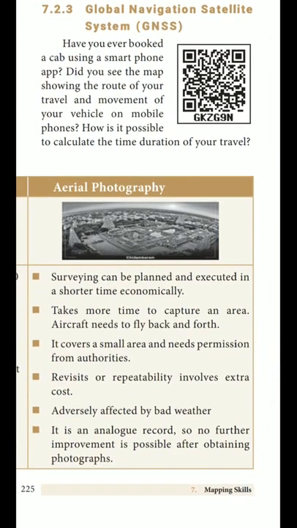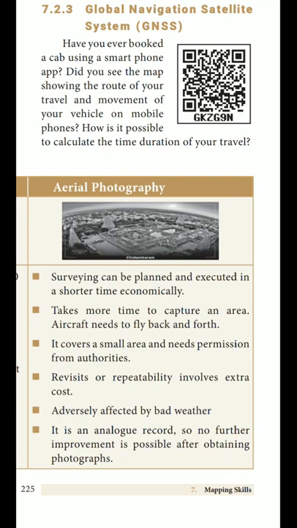It will take more time, but at the same time satellite remote sensing will take less time. It covers a smaller area and needs permission from authorities. At the same time, satellite remote sensing needs no permission, and it will cover a huge area also. Next, revisit or repeatably involves extra cost, but here they are not like that, isn't it?